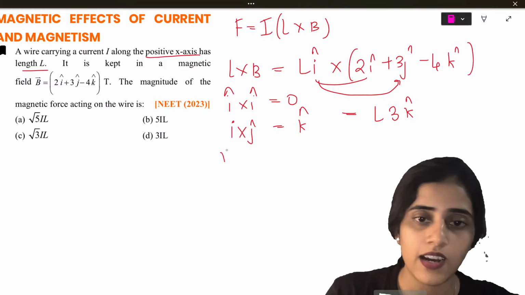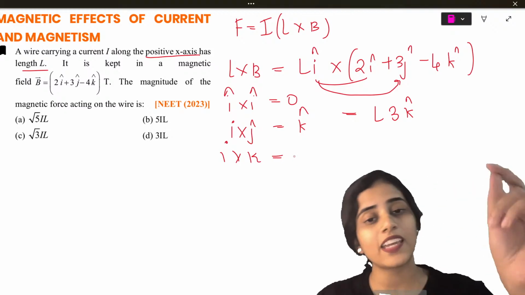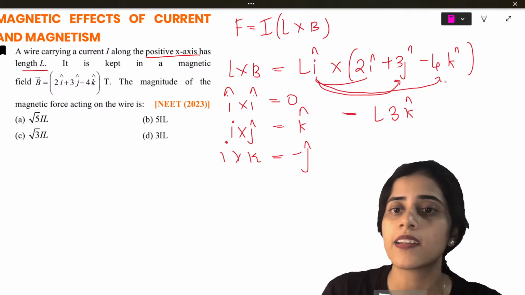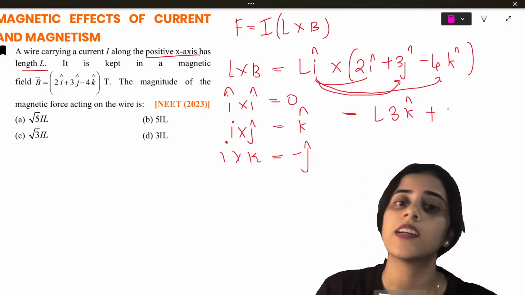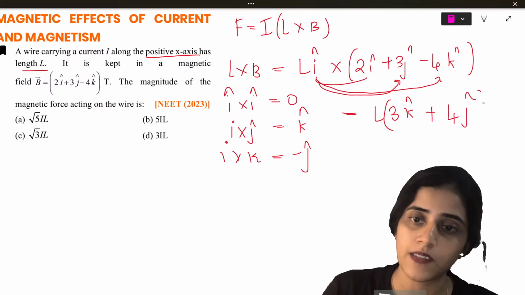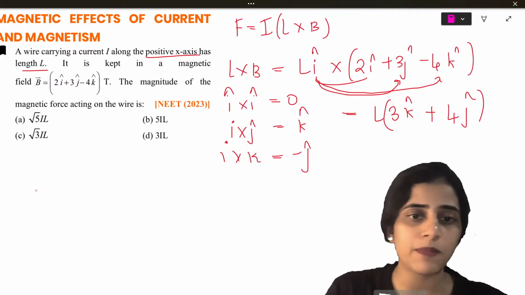Next, i cross k will be minus j cap. So L i cross minus 4k cap will be minus into minus plus, so it will be 4 j cap.